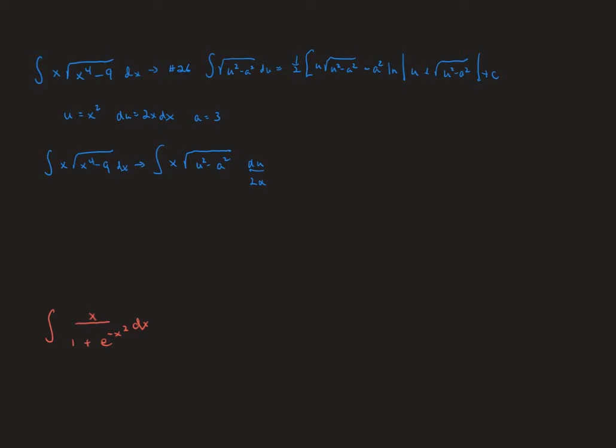That will account for our extra x there, and we'll pull that 1/2 out. So we're going to get 1/2 the integral of the square root of u squared minus a squared du.